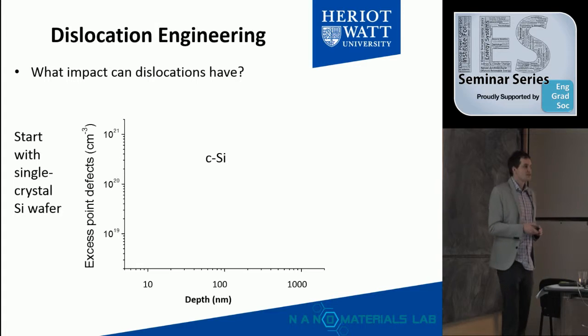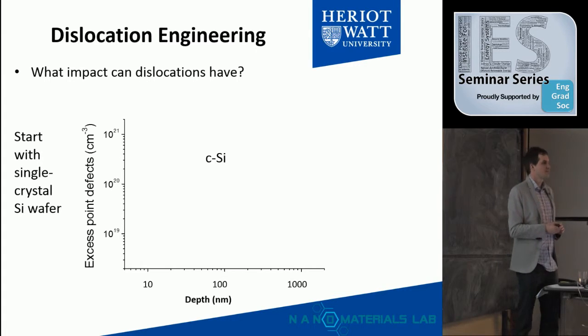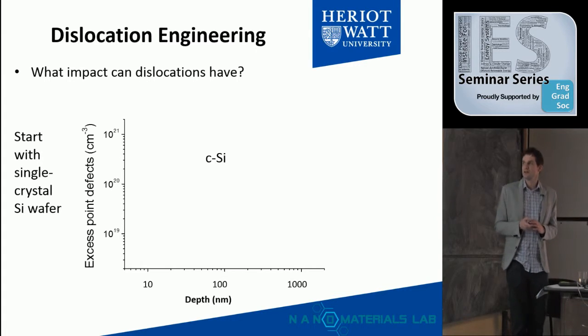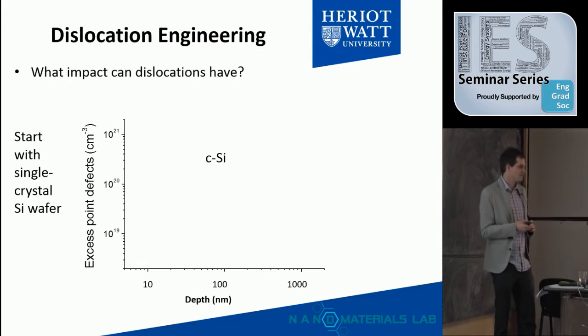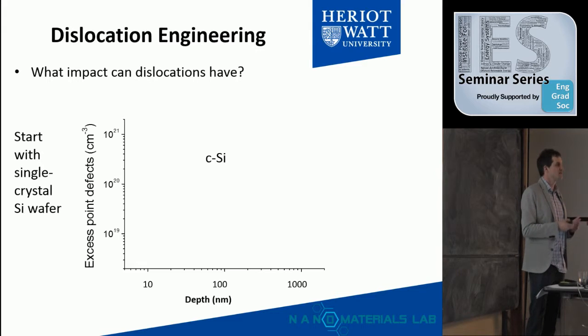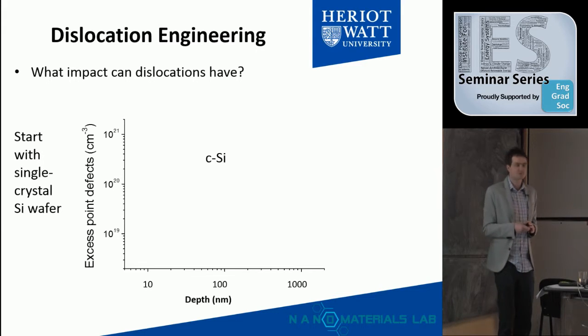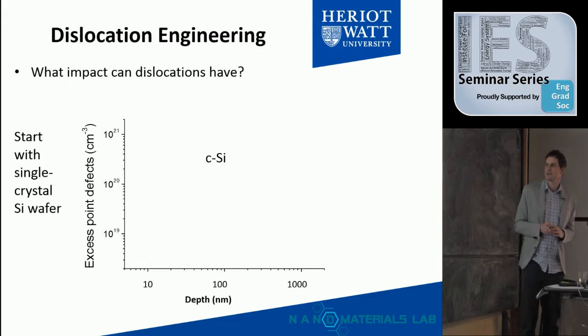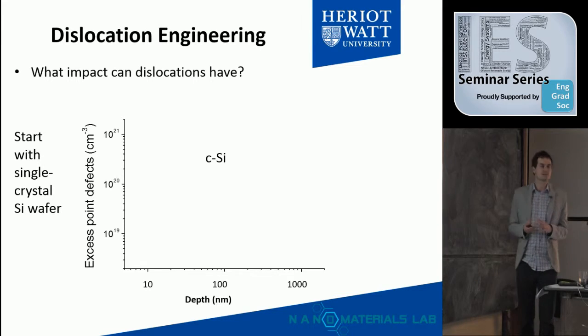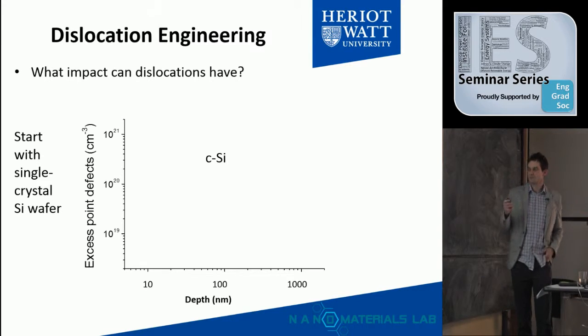So I just want to touch on another approach that we're using to try and modify some of the properties. Again, it uses ion implantation, and again it uses the defects created. Here's another cartoon illustration of what we do, looking at concentration versus depth.